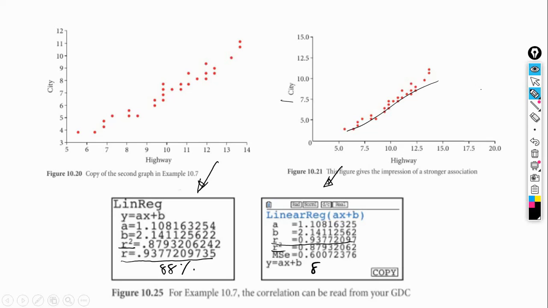What that implies is that 88% of the variation in city consumption can be explained by the variation in highway consumption. In other words, on average, for cars with the same characteristics, if there is a 1 kilometer per liter change in city consumption, then we can expect that 88% of this change can be explained by changes in the highway consumption.